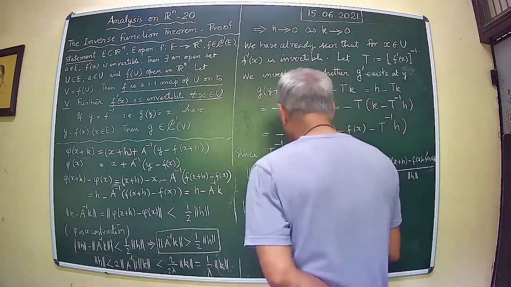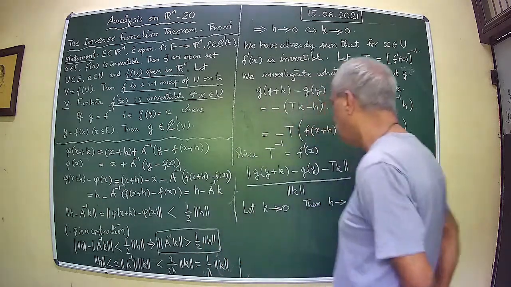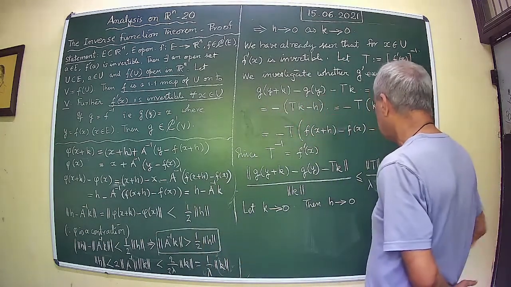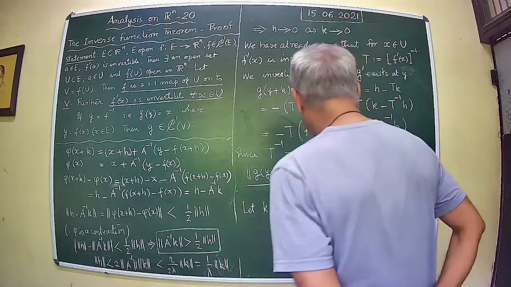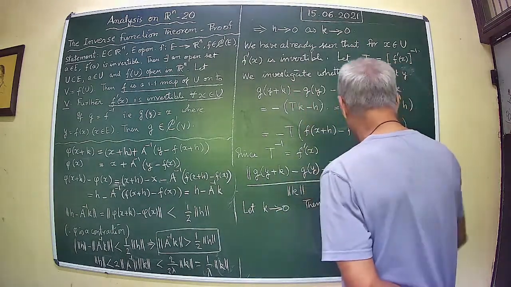Which implies, see, the limit of this is what? This goes to 0, because we want to show that this goes to 0.